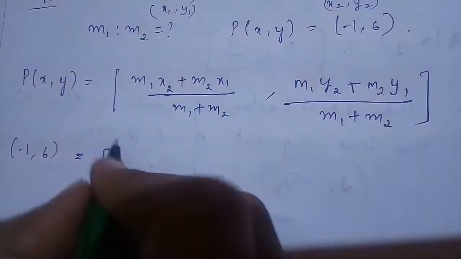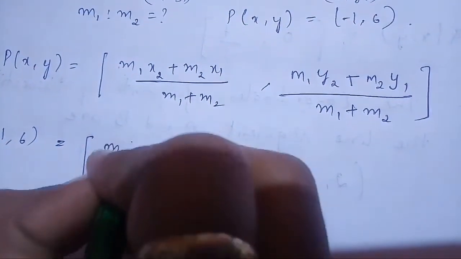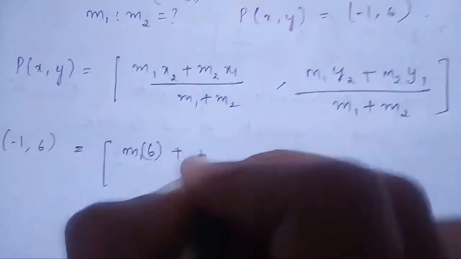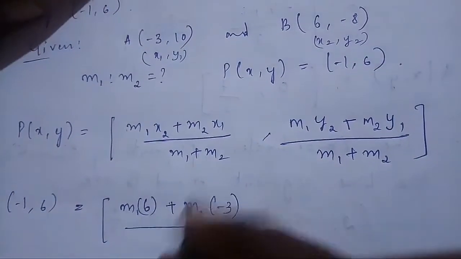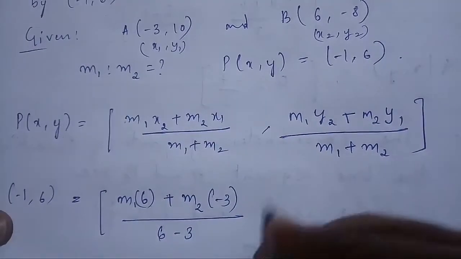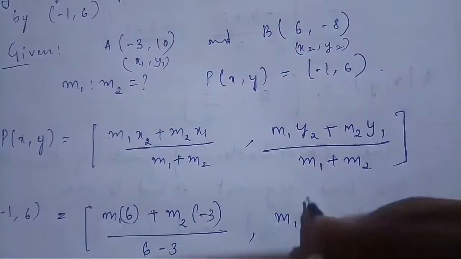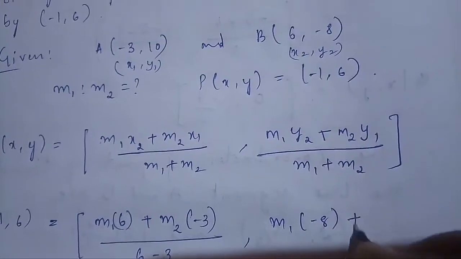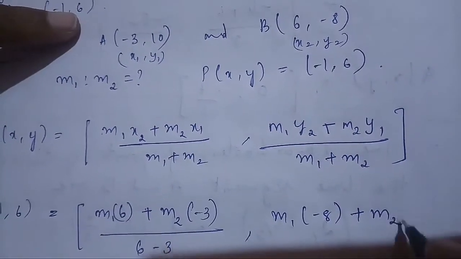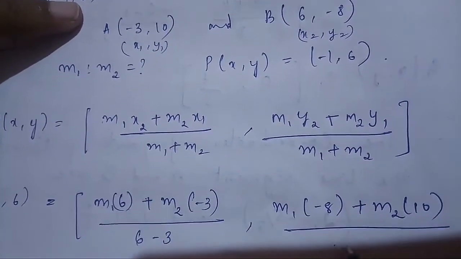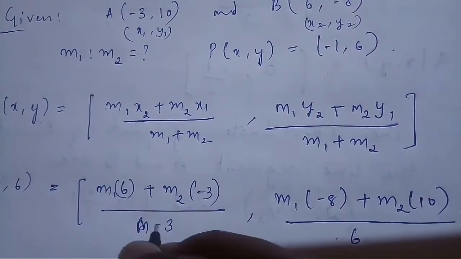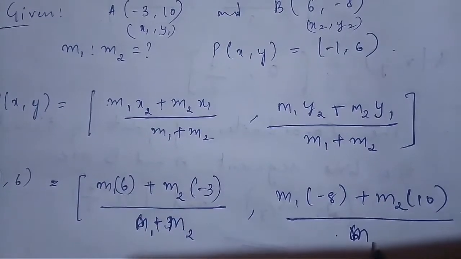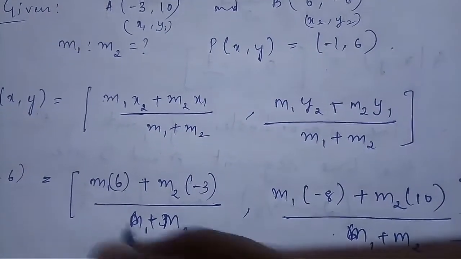We don't know m1, write as it is. x2 is 6 plus m2, we don't know, write as it is. x1 is -3. m1 plus m2 is 6 minus 3. m1 we don't know. y2 is -8 plus m2. y1 is 10 divided by, sorry, I made a mistake. m1 plus m2 write as it is. Okay, we don't know the value.